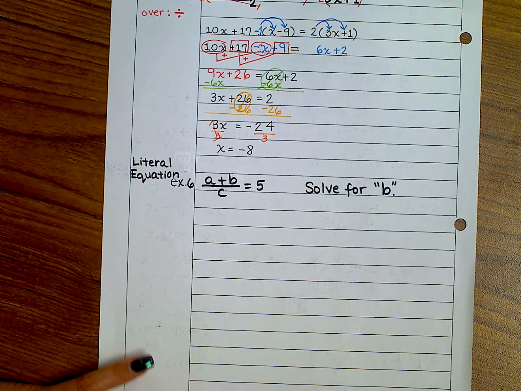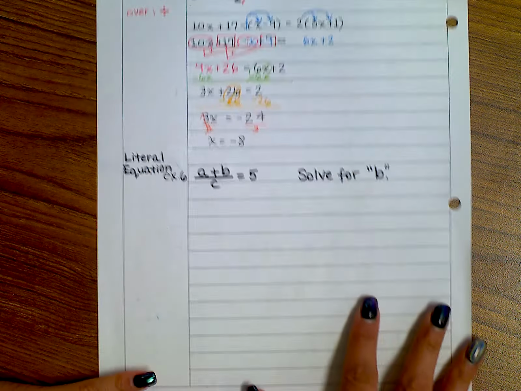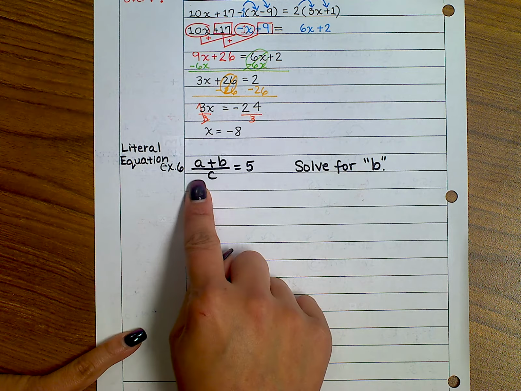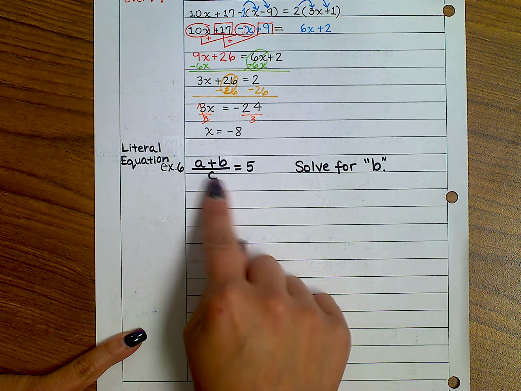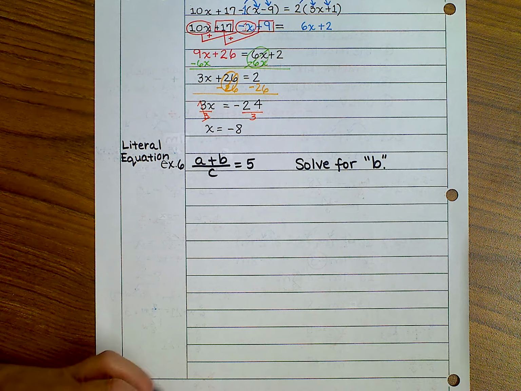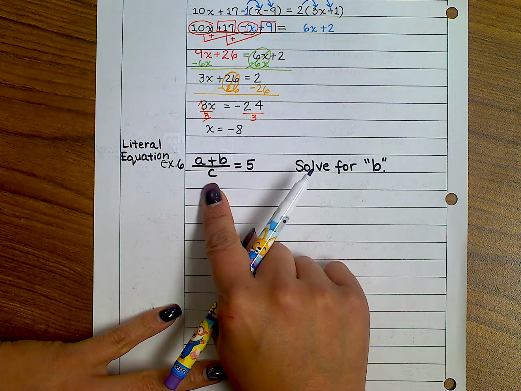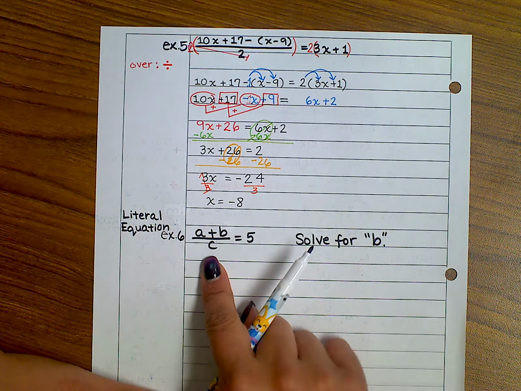So let's go ahead and begin. This one's really similar to what we had done earlier. So I don't like having this fraction here. So let's take care of the over C. Remember, over means division.